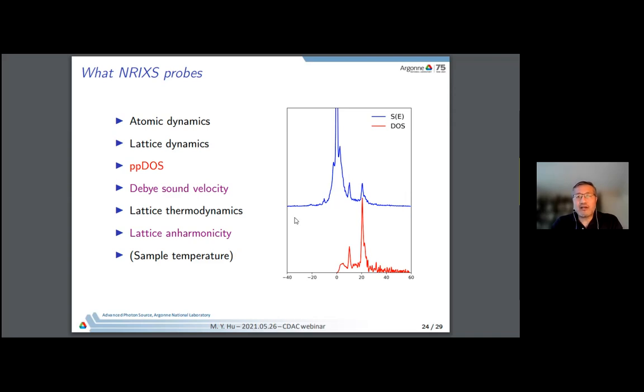So another thing is this scattering function. It has this thing called detailed balance, so that basically the high-energy, the energy plus and energy minus sides are related by the Boltzmann effect. So from that you can measure temperature.